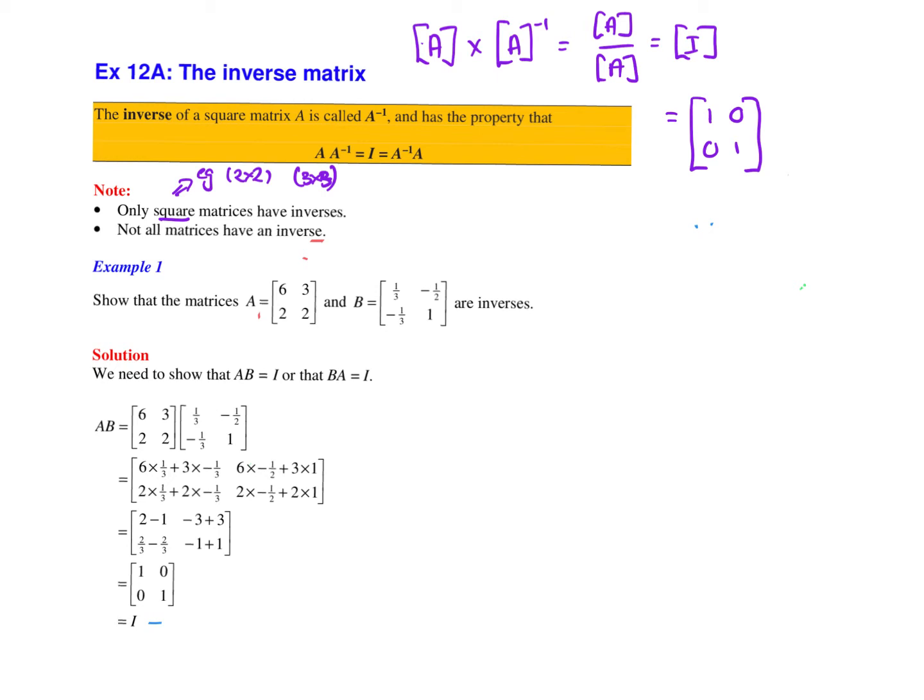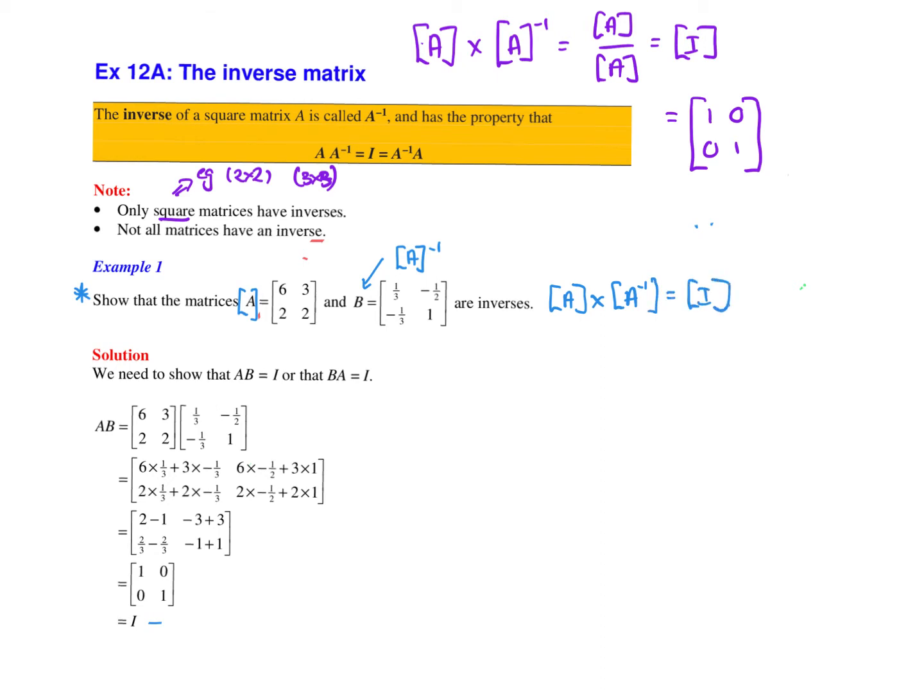In this next example, it says show that the matrices A and B are inverses. If we call this matrix A, they're saying that B is the inverse of A, so really it would be A to the negative 1. Because we know if we times a matrix by its inverse, we should get the identity matrix.